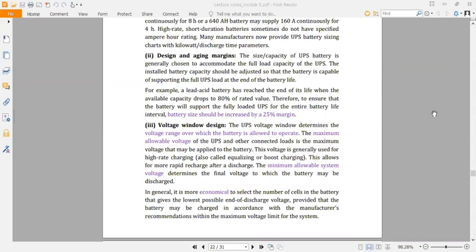The battery is able to supply within a certain voltage window. So that is the meaning. So the maximum allowable voltage is what? The maximum voltage of the UPS and the other connected load. That is the maximum voltage that may be applied to the battery.